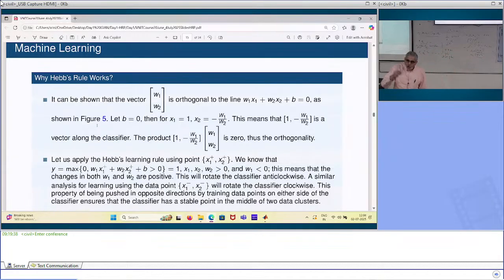So draw the new vector W1 and W2. Just this one. W1 is less than 0, W2 is... So आप कोई भी vector draw करिए and draw the classifier perpendicular to that.